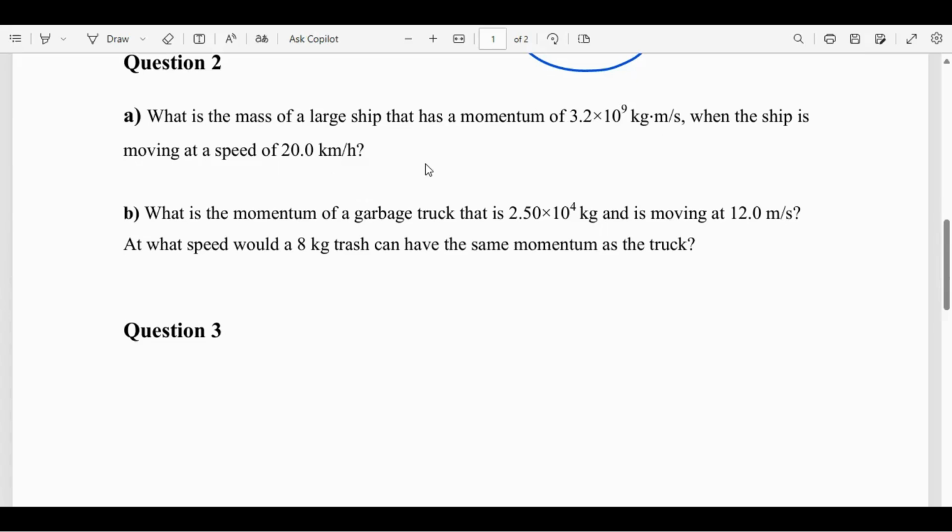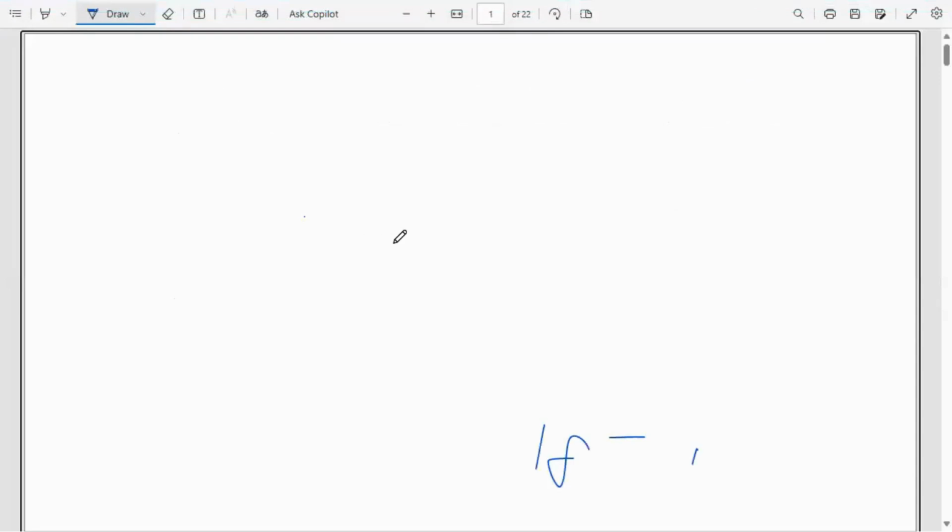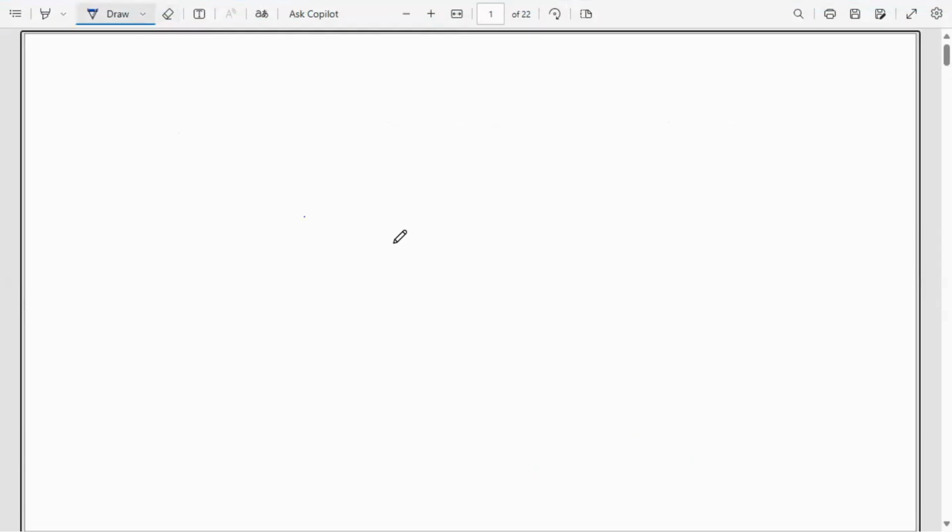So how can we find the mass of this ship? This is a very nice, simple question because we've already been given the momentum of this ship. We know momentum P is equal to mass multiplied by velocity.